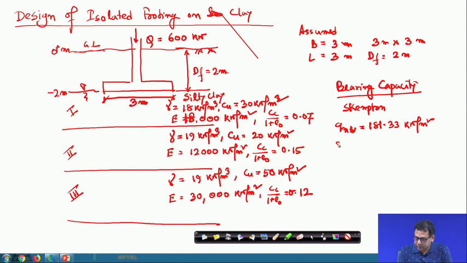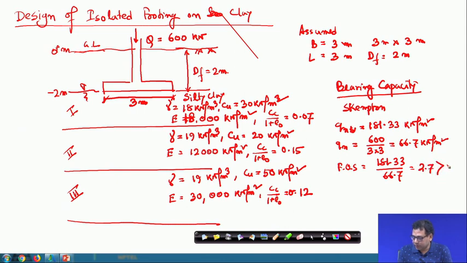The net stress acting on the base of the footing is 600 divided by 3 cross 3, that is 66.7 kilonewton per meter square, and the factor of safety was 181.33 divided by 66.7, which is 2.7, greater than 2.5. So the dimension chosen is safe against bearing.